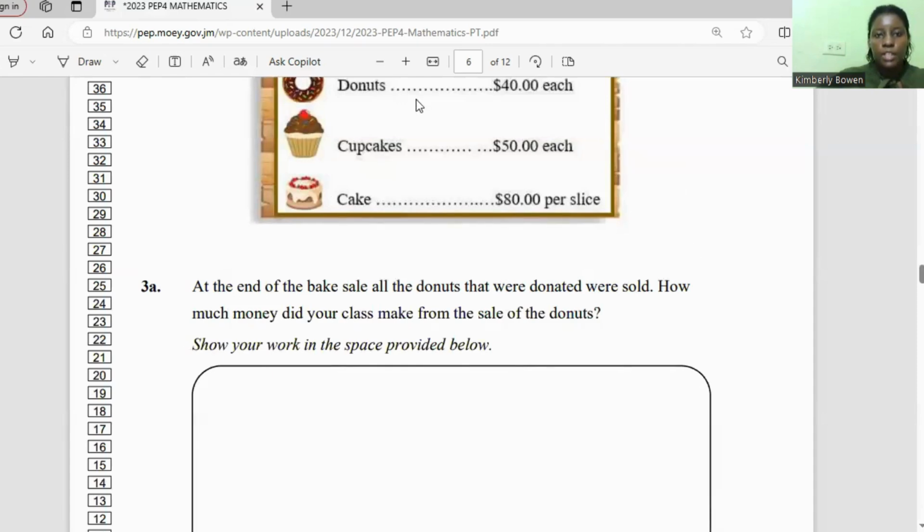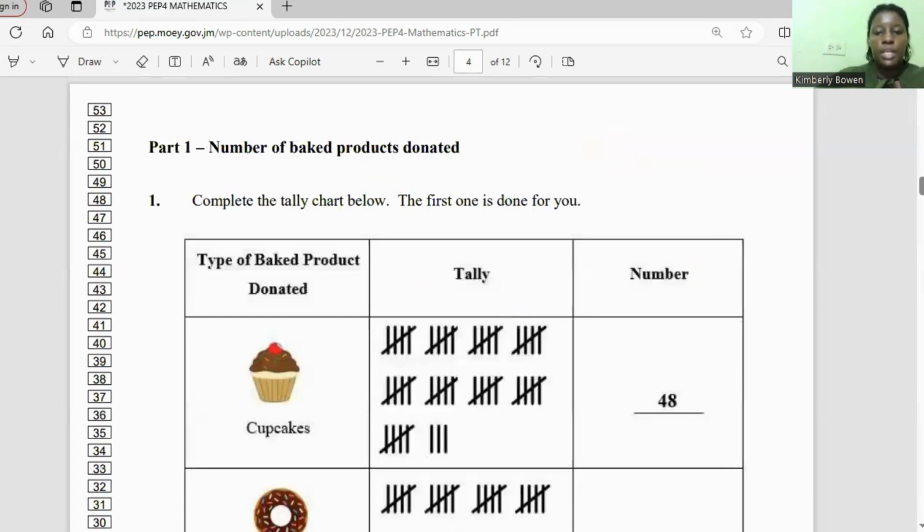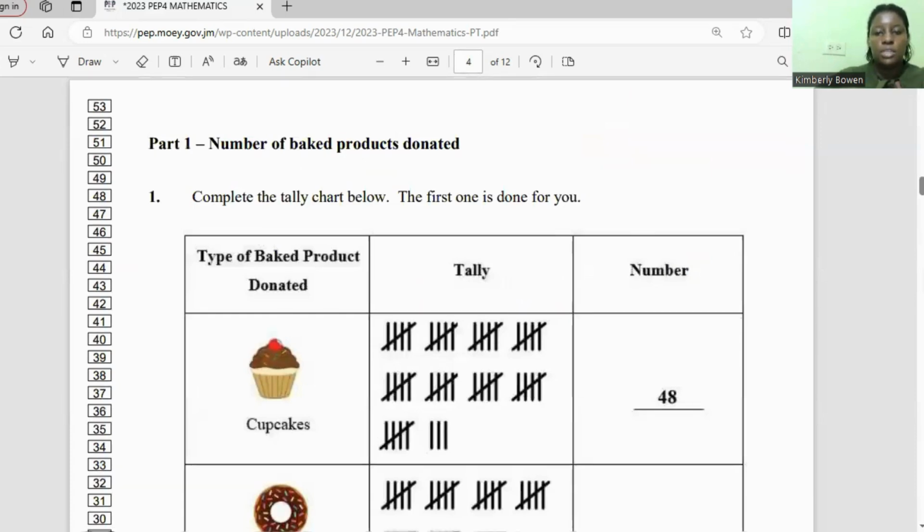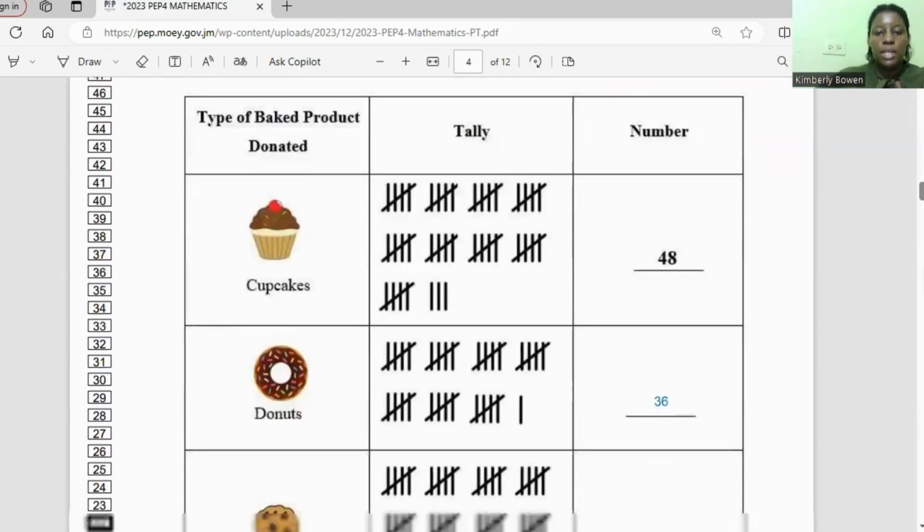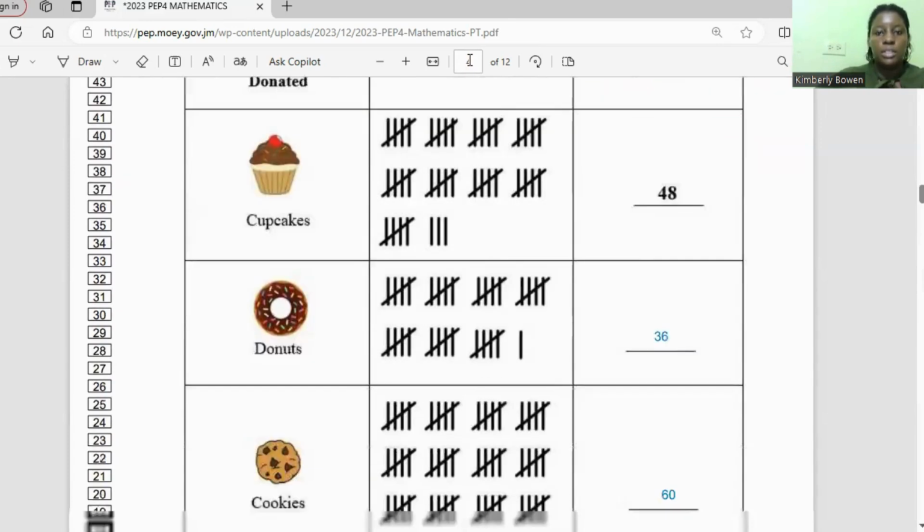All right, so for the donuts, let me look back at it. So there are 48 cupcakes, 36 donuts, and 60 cookies, and 12 cakes.